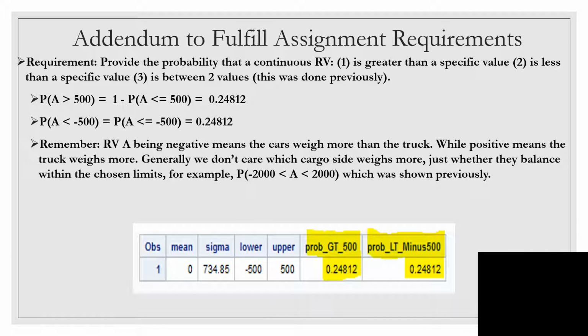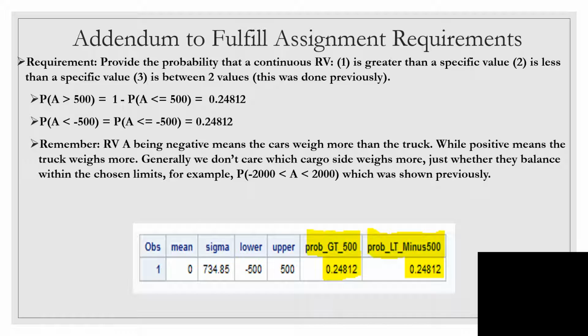Here are some requirements which we were asked to fulfill for this project. In particular, to show the calculation for the probability that a continuous random variable is greater than a specific value, is less than a specific value, and is also between two specific values. I've already shown the case previously of being between two values.